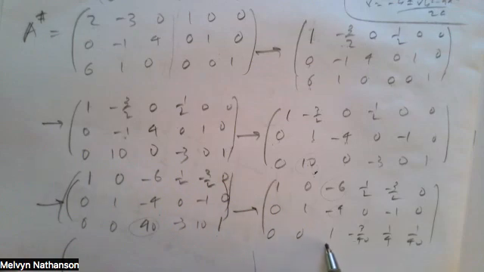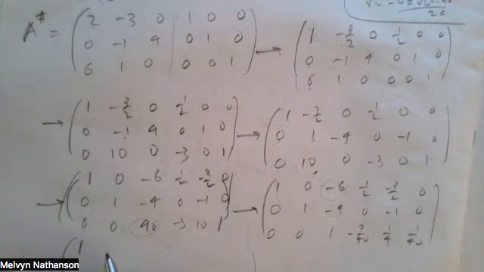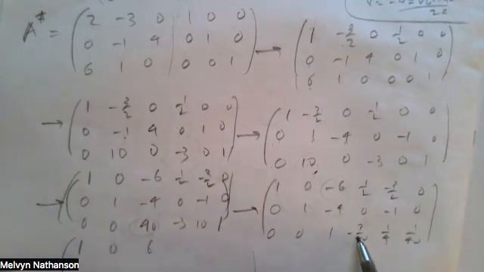If I multiply the third row by 6 and add to the first row, I'll get rid of this 6. 0 plus 1 is 1. 0 plus 0 is 0. 6 minus 6 is 0. Multiply this by 6. So minus 3 times 6 over 40, minus 3 times 6 is minus, let's see, 6 over 40.